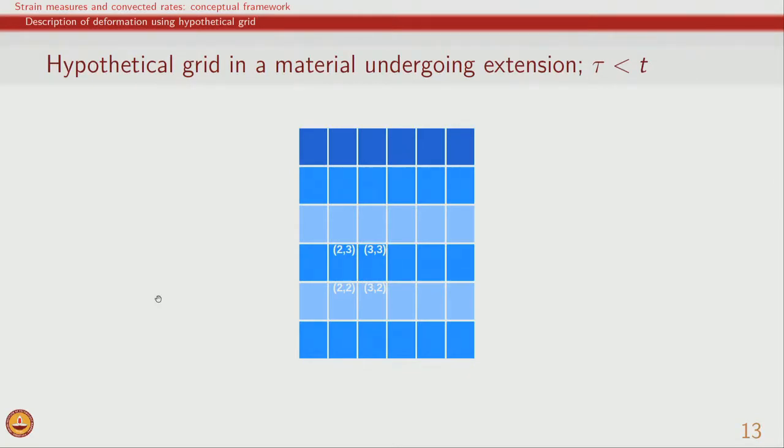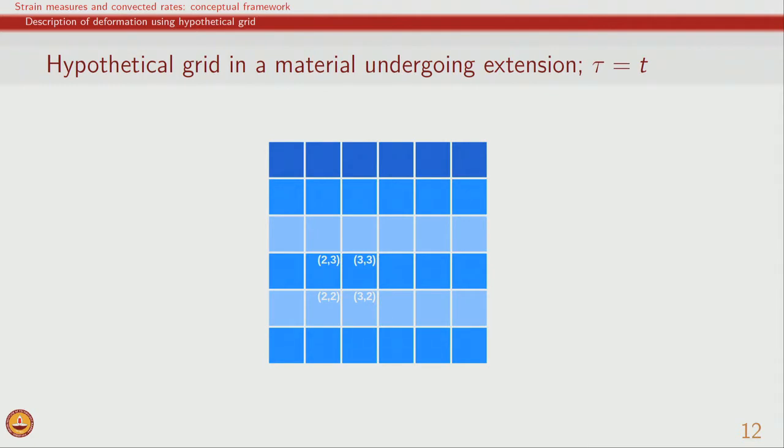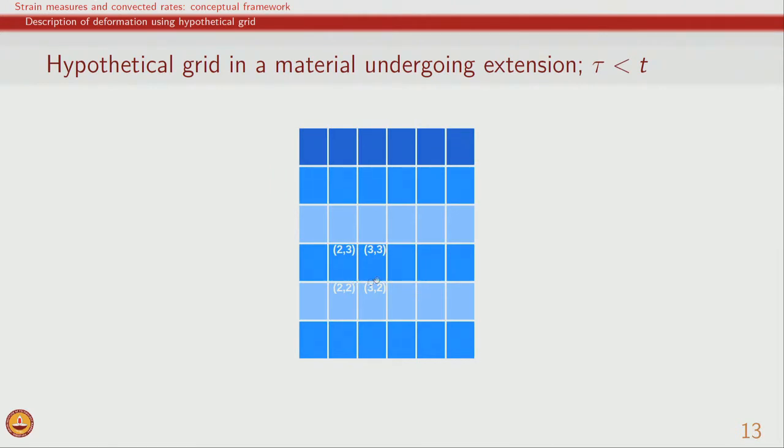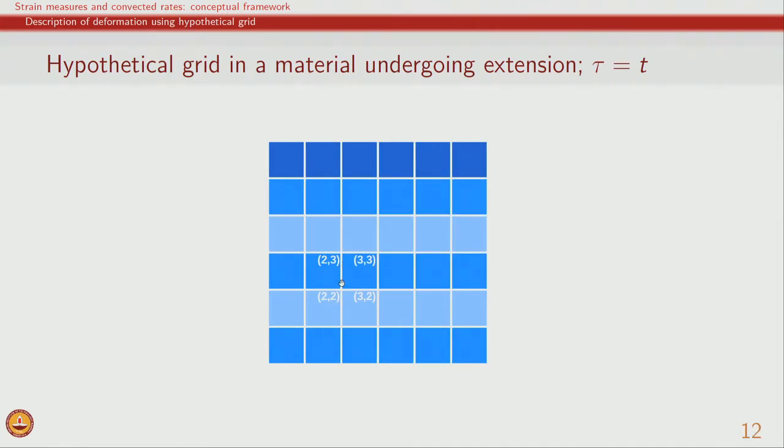And so, now in this case we can clearly see the position of 2 2 and 3 2. So, this material fiber which connects 2 2 and 3 2 was shorter in some time in the past, though for the 2 3 and 2 2 points the length was longer compared to what it is at the present time.